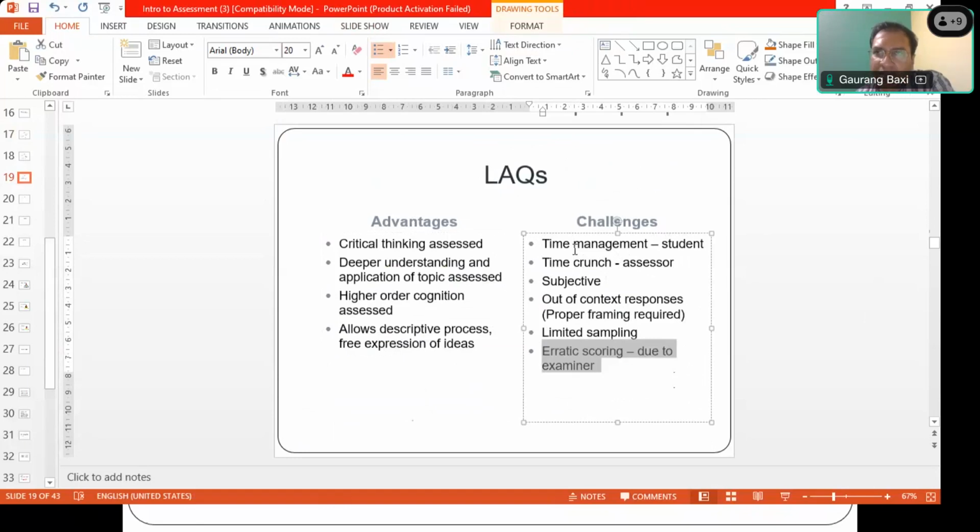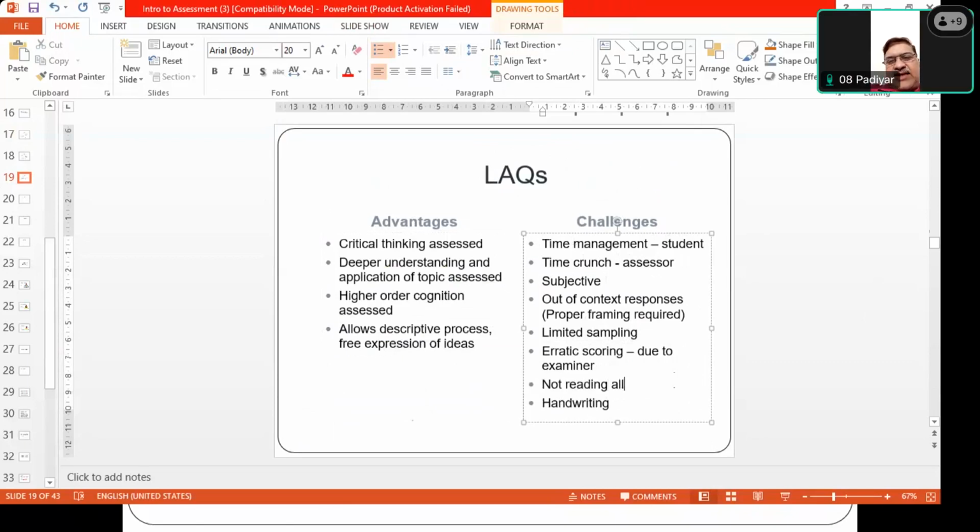That's one reason. Any other reasons? Sir, handwriting also sometimes can have an effect on scoring, because when a lot of things are written, handwriting can play a part. Yes. What else?